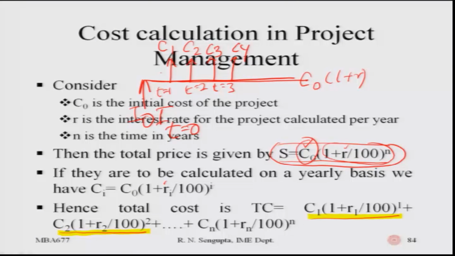So if I want to compare whether it is actually a good decision to invest in the project, what I will do is calculate all the values of C1, C2, C3, C4 at time t equal to 0 and add up all of them, whether positive or negative doesn't matter, because if it is negative, then it will bring down the overall value.